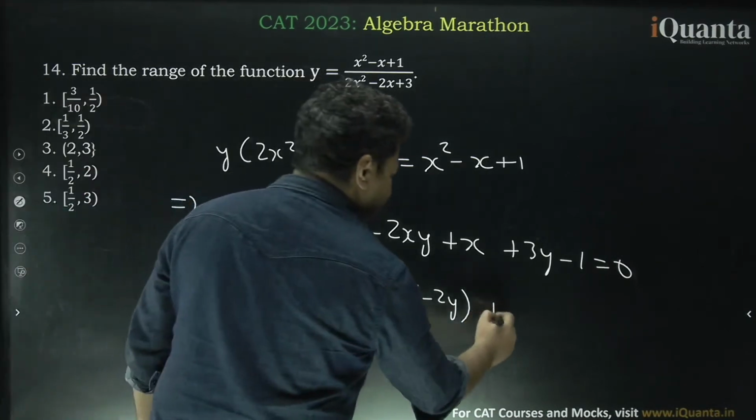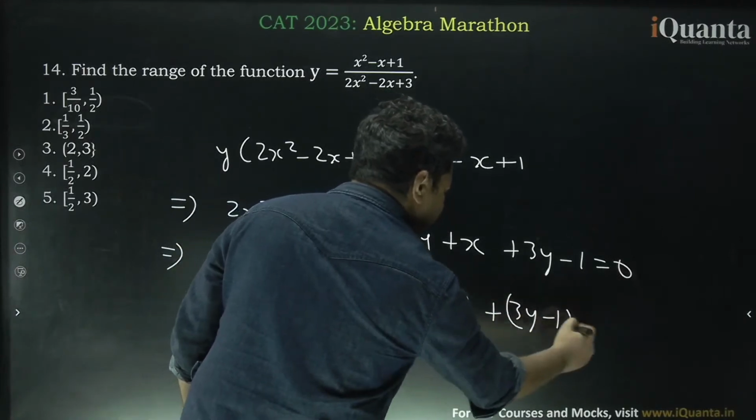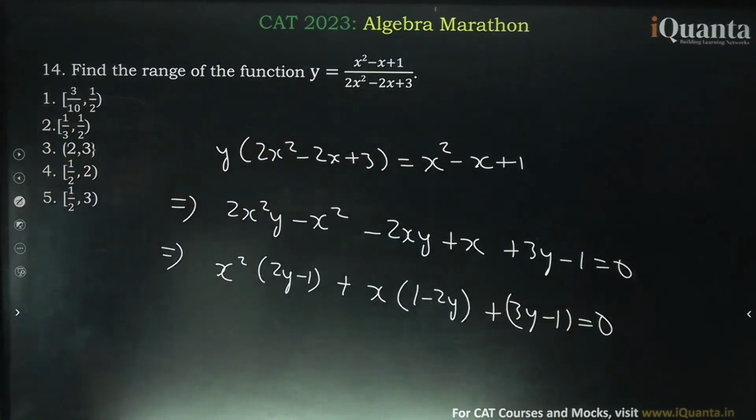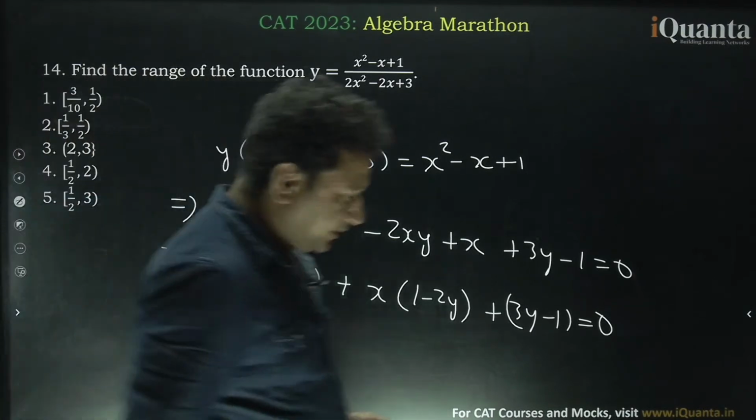And then we have 3y minus 1 is equal to 0. Now you can apply minus b by 2a and get the value of y. That will be your answer. All right? Clear?